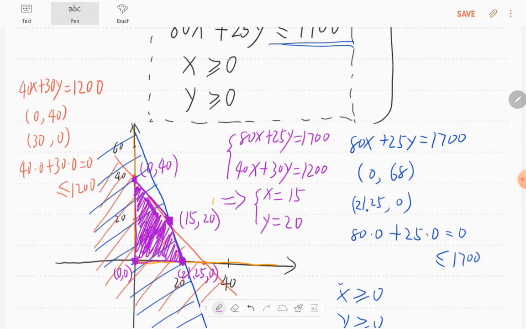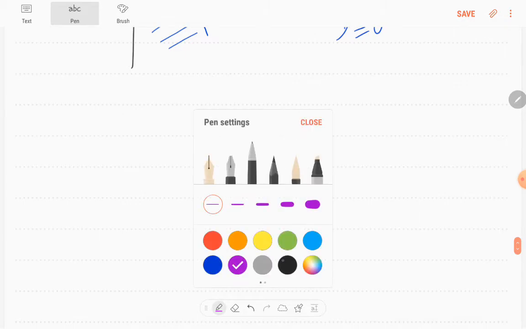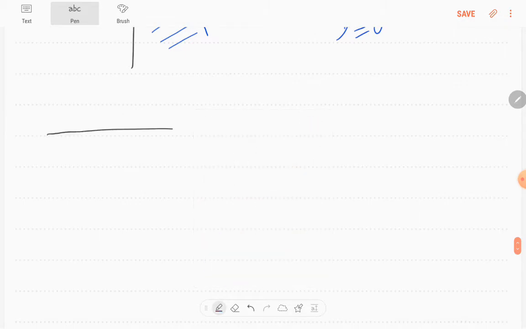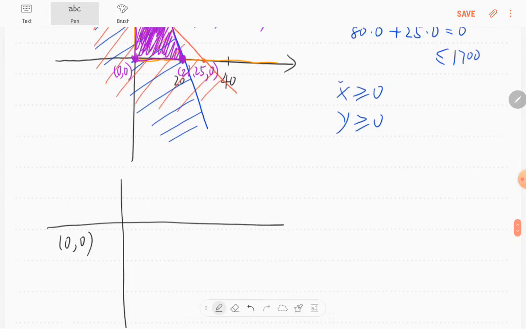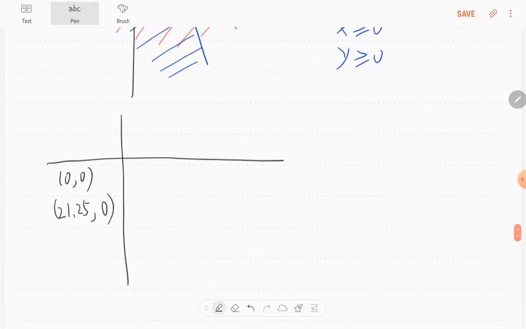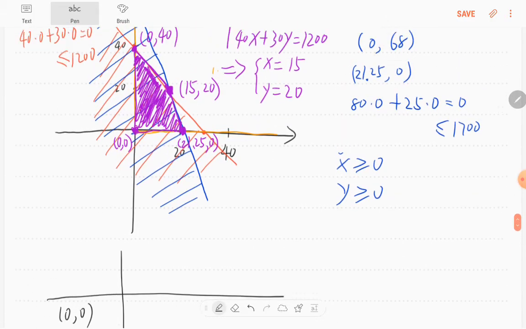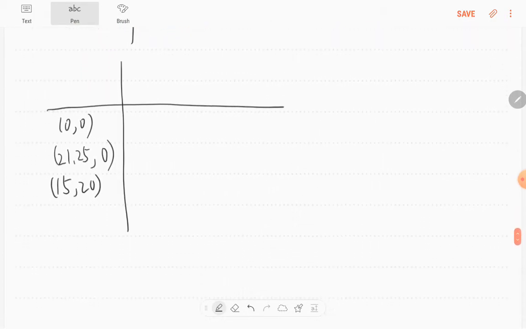It depends at each corner, so we need to test the values at each corner. So we have (0, 0), this is one corner. We have (21.25, 0), this is another one. We have (15, 20). We have (0, 40).